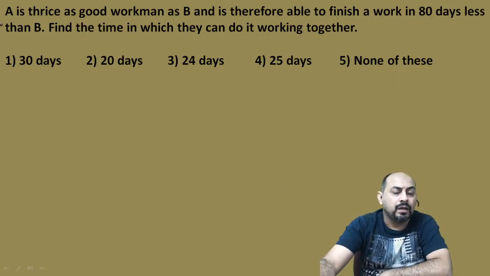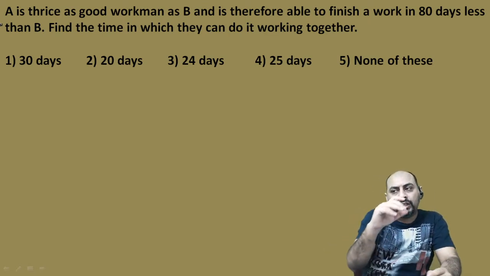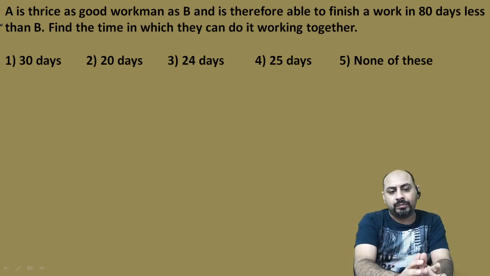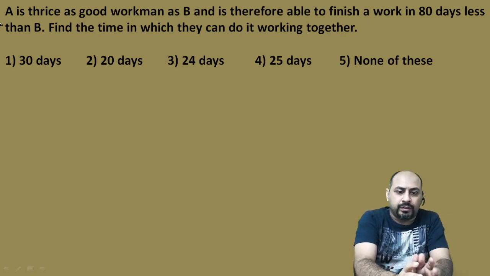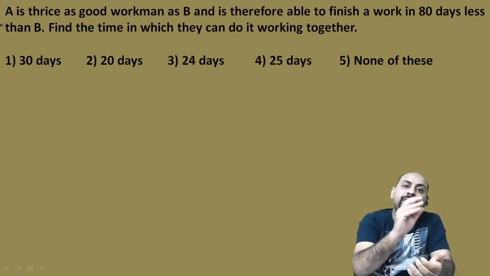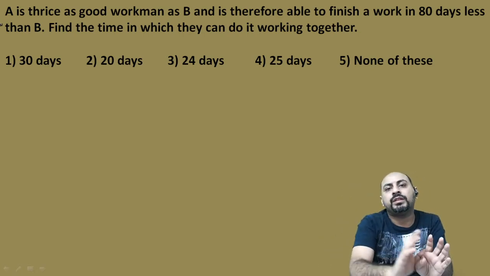Let's go quickly. Now, these questions I've taken deliberately. Why? Because in almost each of the questions, there is a specific pattern. The pattern I'm trying to explain is, wherever the question begins or talks about the efficiencies of the people, every such question you can work with ratios.